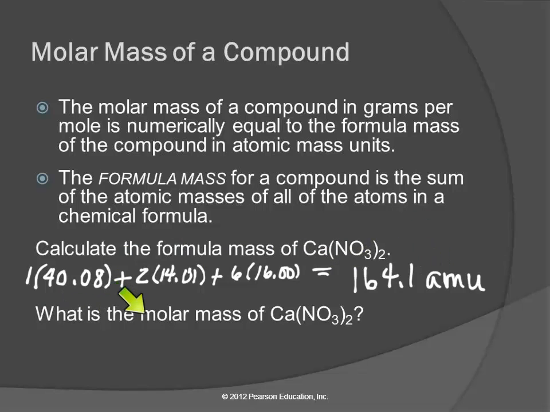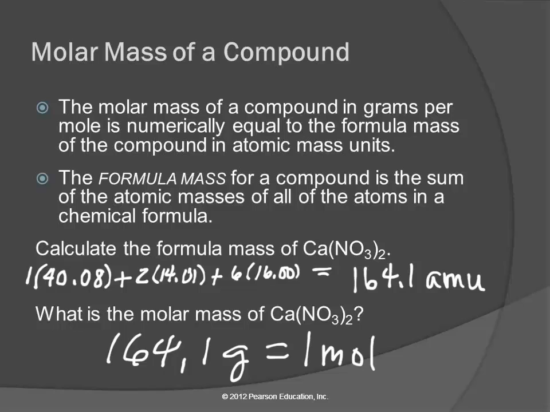What is the molar mass of calcium nitrate? What's the mass of 1 mole of calcium nitrate? It's the same number. We calculate it in exactly the same way, only the unit is different. 164.1 grams. That equals 1 mole of calcium nitrate.